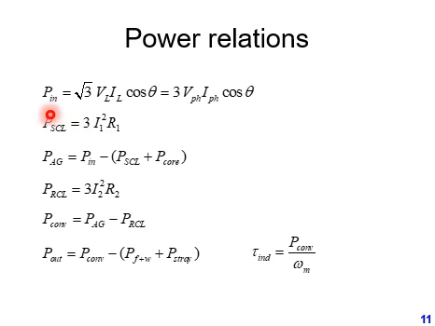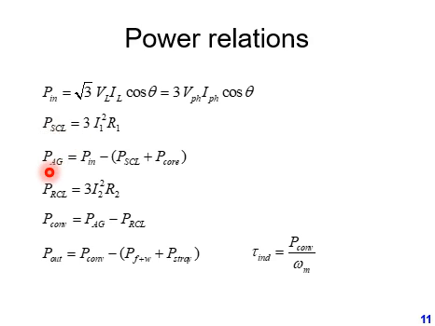The first equation is showing P in, which is 3 V I cos theta. The second equation is showing P SCL, the stator copper loss, where CL stands for copper loss and S is for the stator.